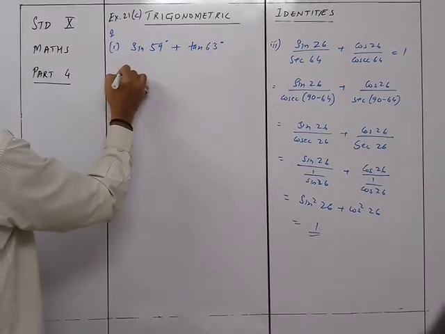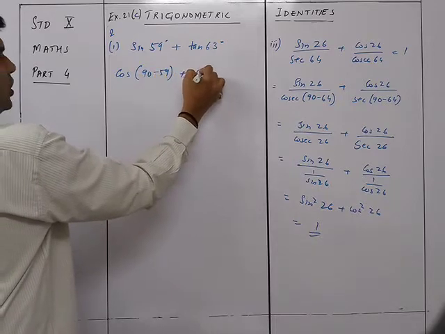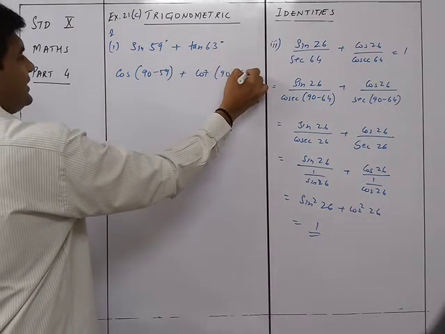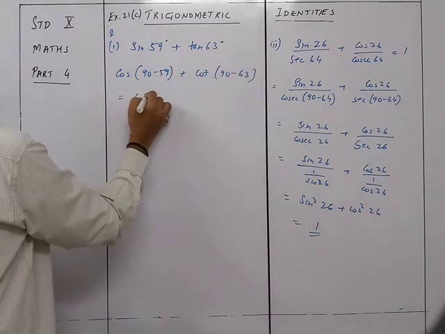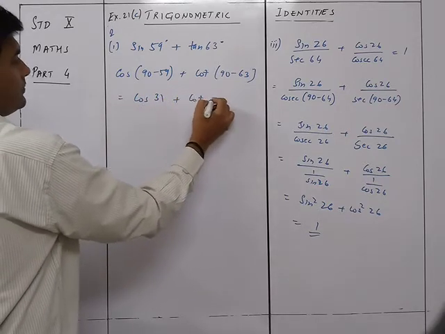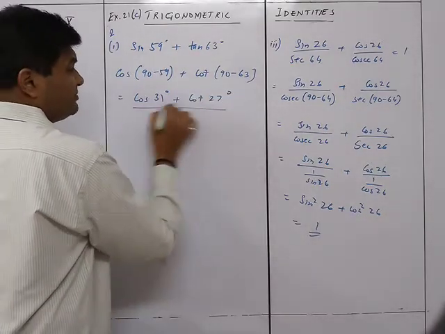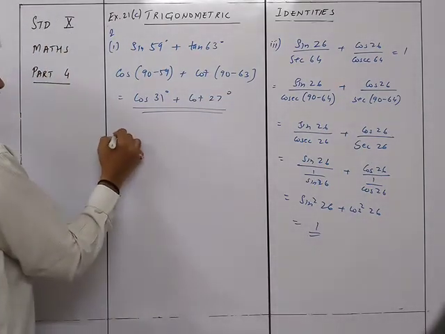So it is nothing but cos 90 minus 59 plus cot 90 minus 63, which is equal to cos 31 plus cot 27. That's the answer. Third sum.